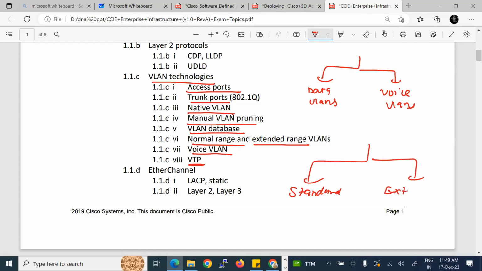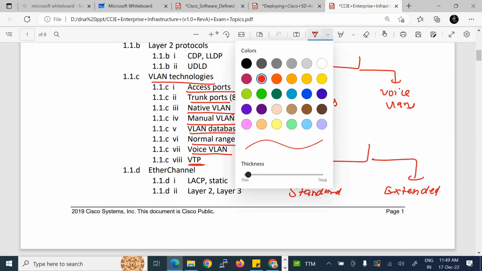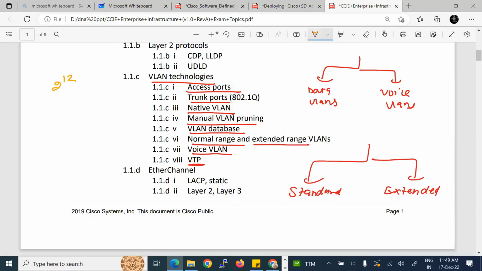VLAN is a 12-bit number. 12 bits means 2 to the power 12, which is equal to 4096. In standard range we have 1 to 1005. And here we have 1006 to 4094.